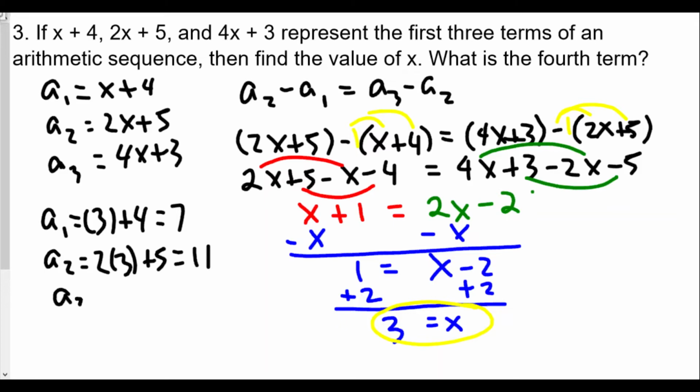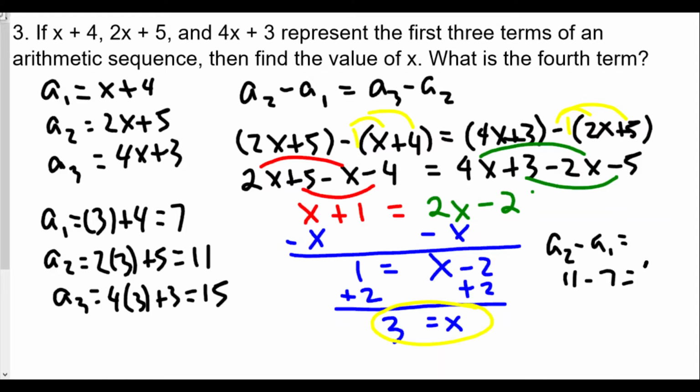And a3 is 4 times 3 plus 3. 4 times 3 is 12, plus 3 is 15. That means our common difference, a2 minus a1, is equal to 11 minus 7, or 4. So our common difference d is equal to 4.